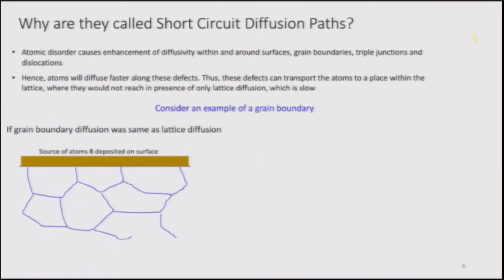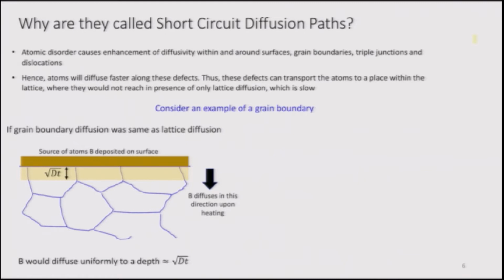If the grain boundary diffusion and lattice diffusion are the same, or if the diffusivities along grain boundary and lattice are the same, then after a certain time t, the solute or diffusant would have travelled an average distance which is proportional to root Dt, and I have shown this here by the shaded area. We can see that through both grain and grain boundary the diffusion distance travelled is the same, because we are assuming that the diffusivities are the same.